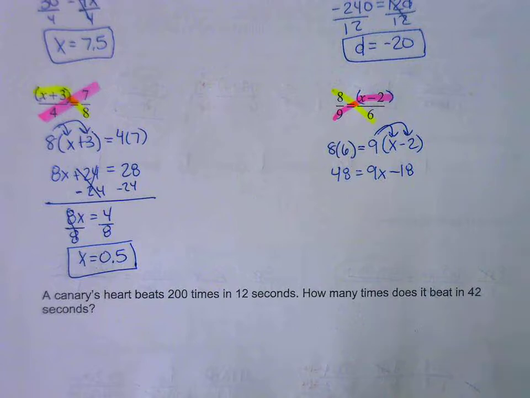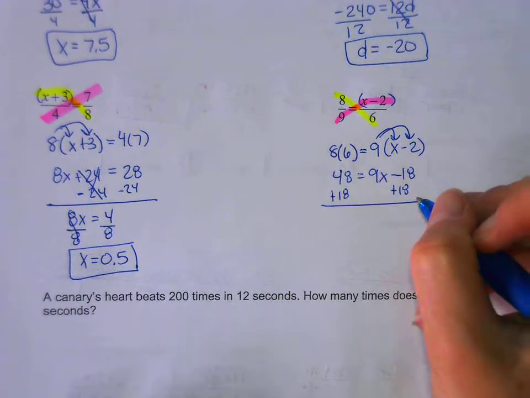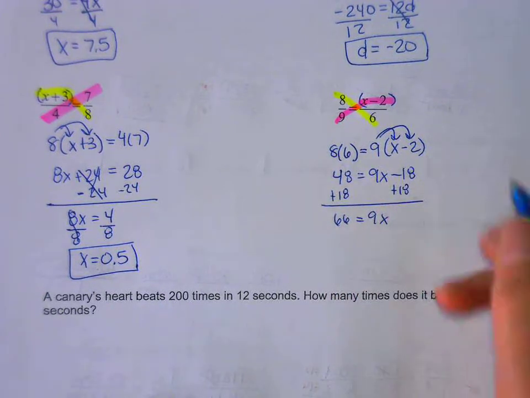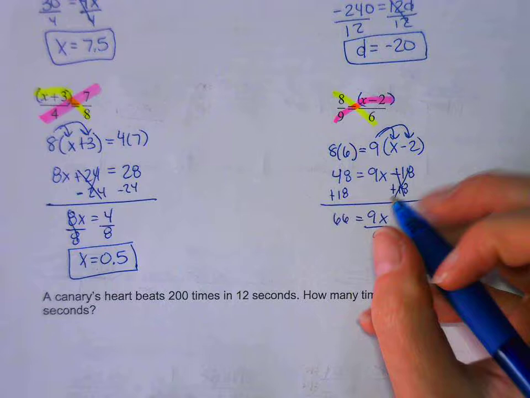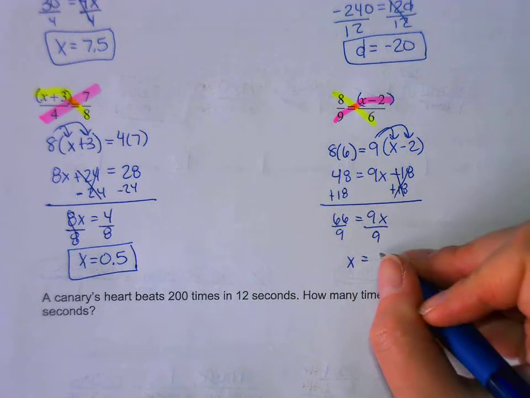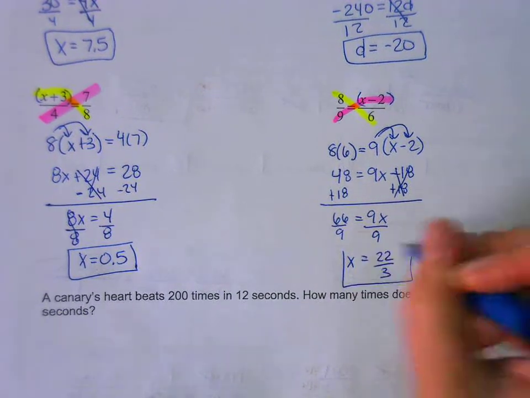Two-step equation, so I'm going to add 18 to both sides. So 66 equals 9x. Divide both sides by 9. X equals 22 over 3 if you leave that as a reduced fraction.